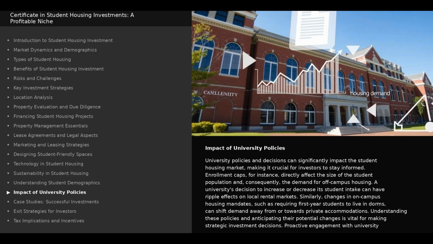Similarly, changes in on-campus housing mandates, such as requiring first-year students to live in dorms, can shift demand away from or towards private accommodations. Understanding these policies and anticipating their potential changes is vital for making strategic investment decisions. Proactive engagement with university administrations can provide valuable insights into future plans.